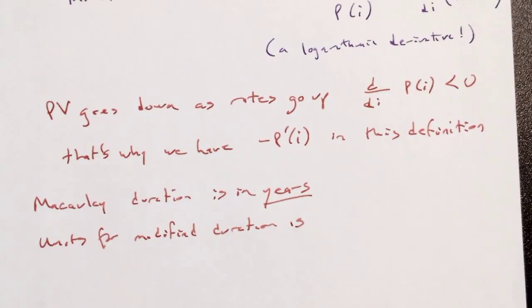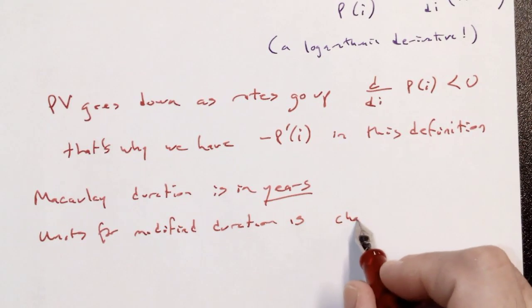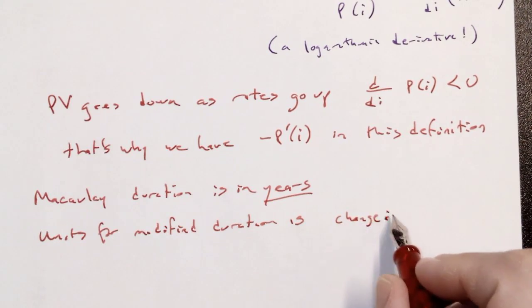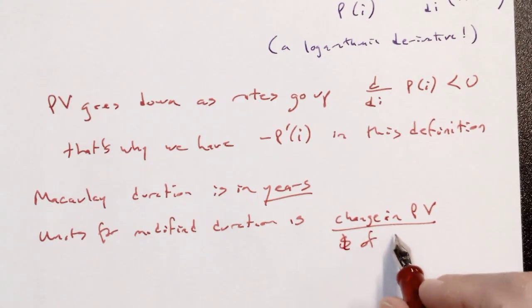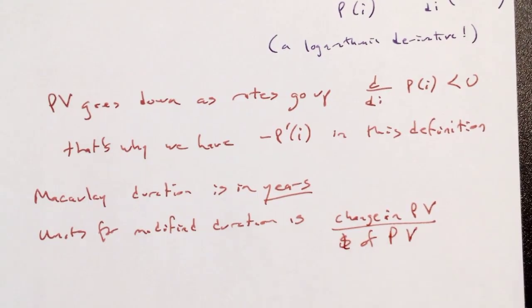And it's really kind of gross. Change in present value per dollar of present value, which is really percent change in present value.